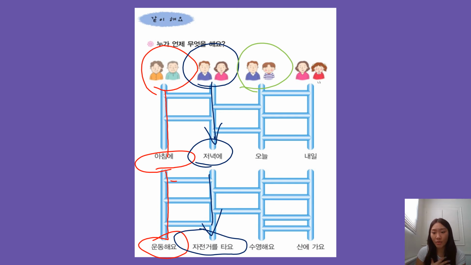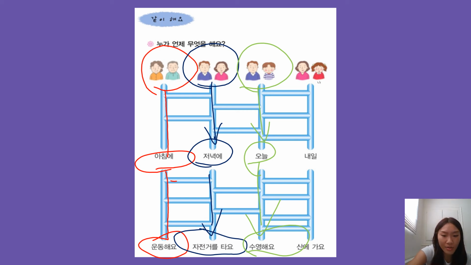So pretend you're the little boy. So we're going to say 아빠랑 나는 오늘 수영해요. Ooh, that's a big circle. Oopsies. So I'm going to say 아빠하고 저는 오늘 수영해요. Today my dad and I are swimming.